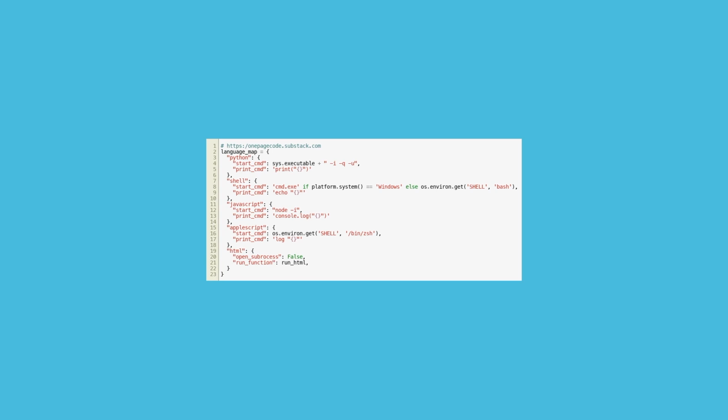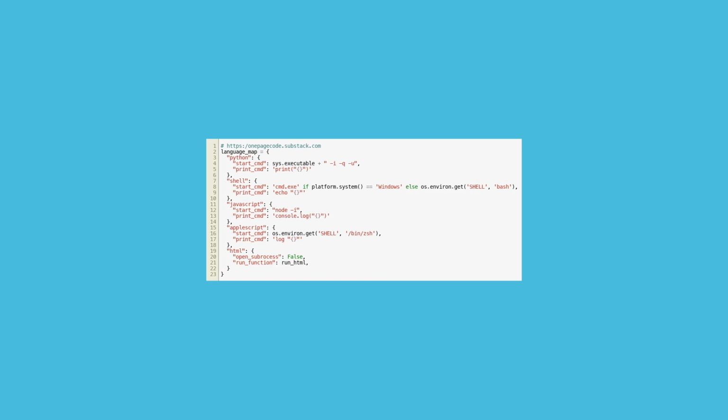The print_cmd key maps to a string that represents the command used to print output from the interpreter. The language_map dictionary contains mappings for several programming languages, including Python, Shell, JavaScript, and AppleScript. For each language, the start_cmd and print_cmd values are set to appropriate commands for that language.